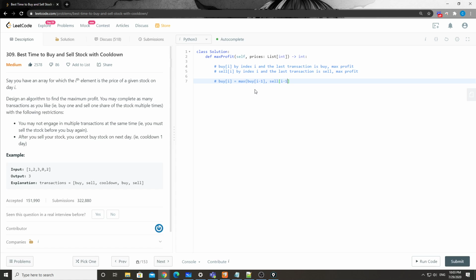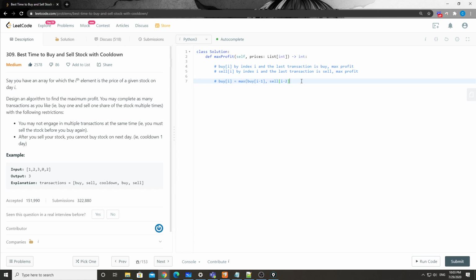But the only difference here is instead of sell i minus one, we have sell i minus two, because in this case we have a cooldown. The cooldown is 1 day, which means after selling a stock, we cannot buy until 2 days later. That's why instead of sell i minus one, we have to use sell i minus two, because only if we sold on day i minus two can we buy on the current day.